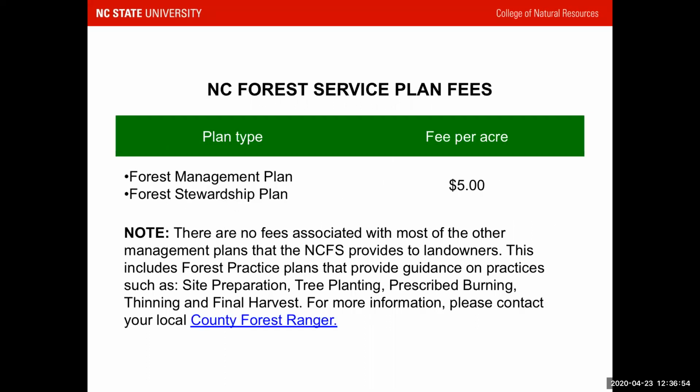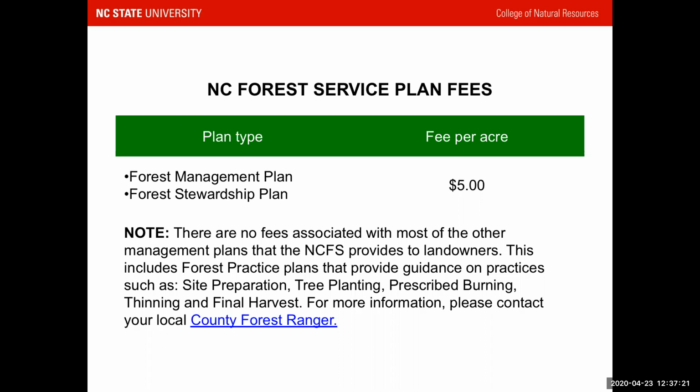So here in North Carolina, our North Carolina Forest Service does write plans, forest management plans and forest stewardship plans. The fee for those is $5 per acre. But also, as we talked about with the practice plans or a specific management type plan, the Forest Service will do those at no additional cost.